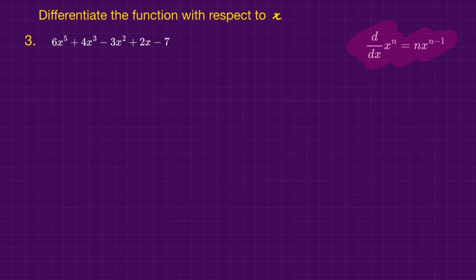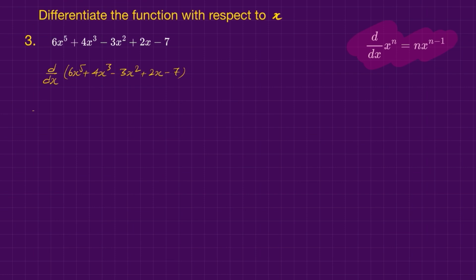Next, number 3, my function is 6x to the power 5 plus 4x cubed minus 3x square plus 2x minus 7. So let us differentiate this function. So d/dx of 6x to the power 5 plus 4x cubed minus 3x square plus 2x minus 7.